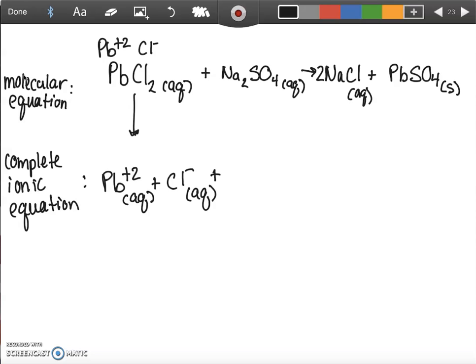Alright, sodium sulfate, okay? Sulfate has a 2- charge if you check your polyatomic ion chart for that, and you already should know by now that sodium has a 1+ charge. That's why there's 2 of them there to balance out that -2. So we have a positive charge on the sodium, which is going to be aqueous, and then a -2 charge on the sulfate, which is also aqueous.